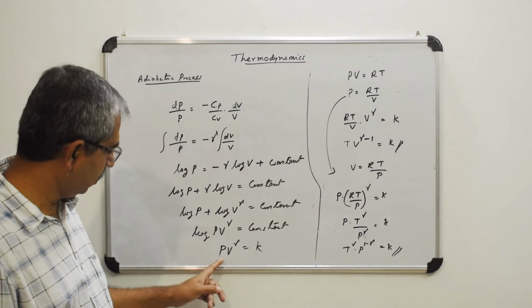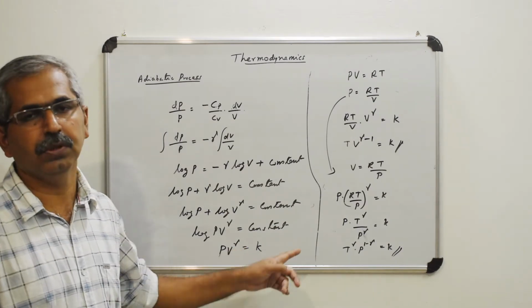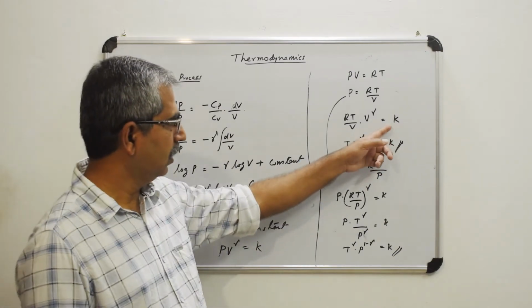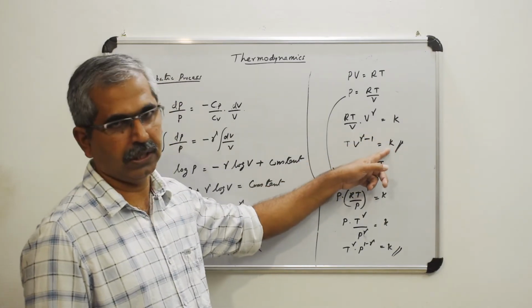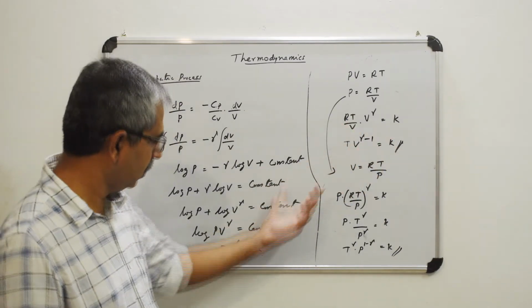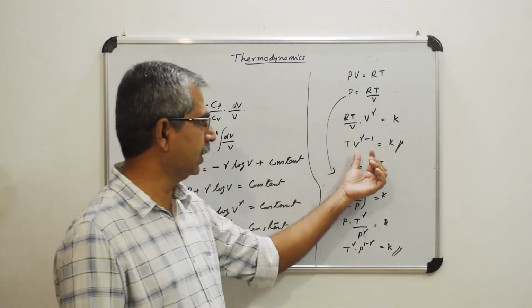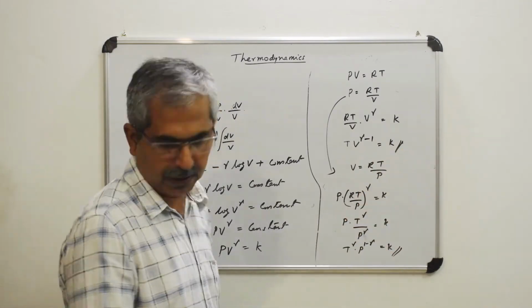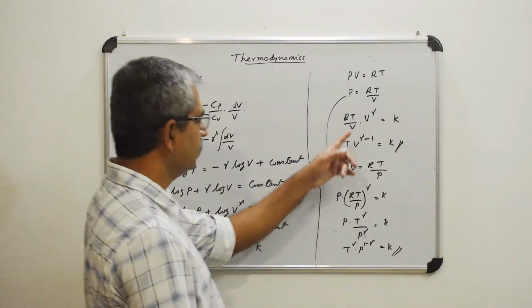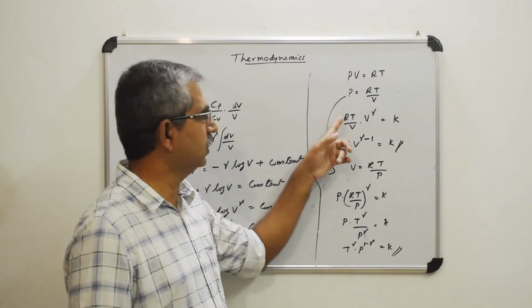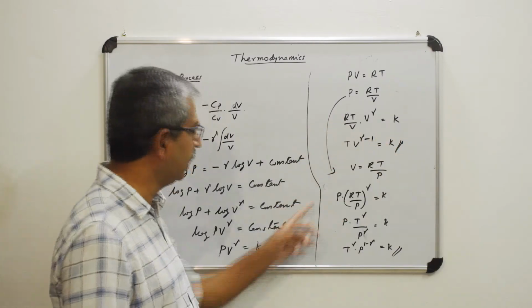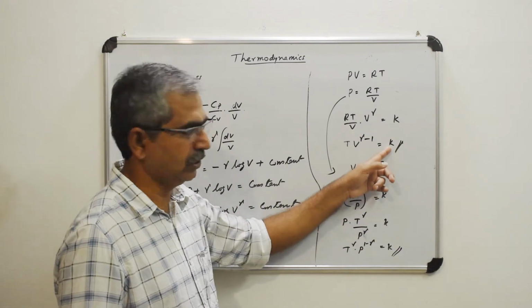Okay, so we can write P1 V1 raised to gamma equal to P2 V2 raised to gamma. And this K will not be the same as this K here. Okay, so if you are having any confusion, you can simply write it as T V raised to gamma minus 1 equal to a constant, because you have to take this R, this is a constant, to the right side. So it will be actually initial K divided by R.